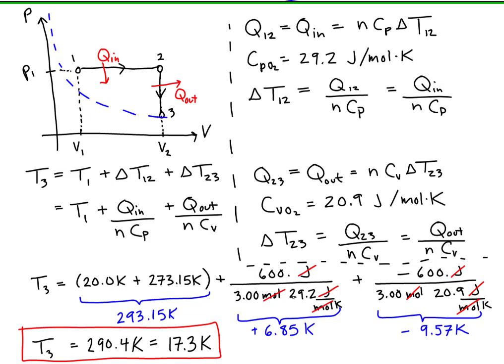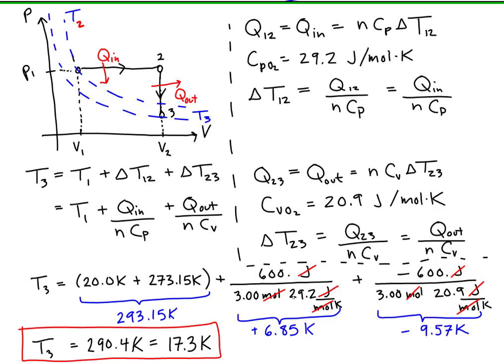State 3 has an isotherm T3 that looks like this. State 1's isotherm T1 is above the T3 isotherm based on our calculations. State 2's isotherm is above T1's and T3's.